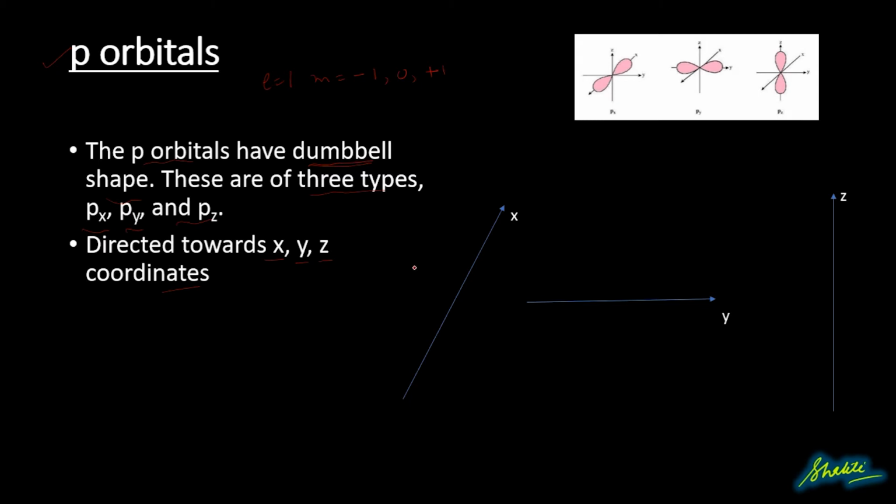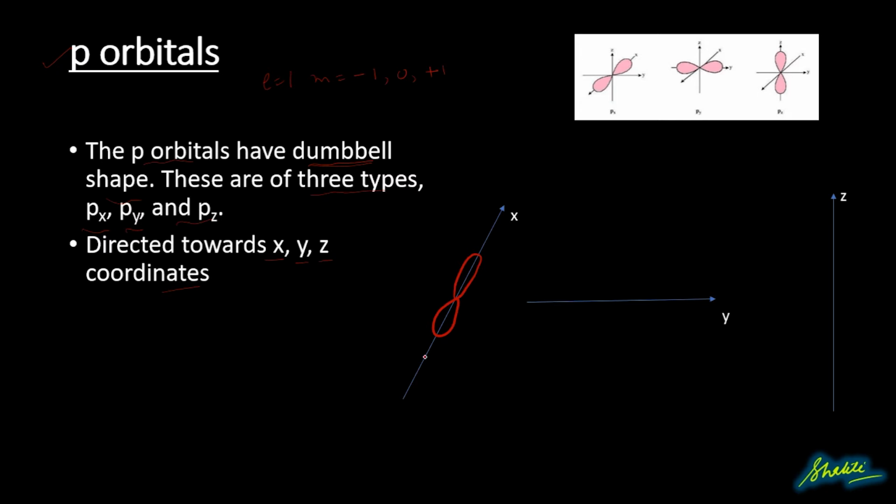So let's first draw the px orbital. It is dumbbell shaped, so its shape is like this towards the x-axis.